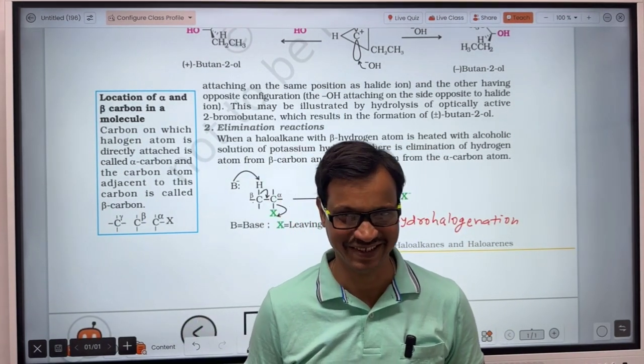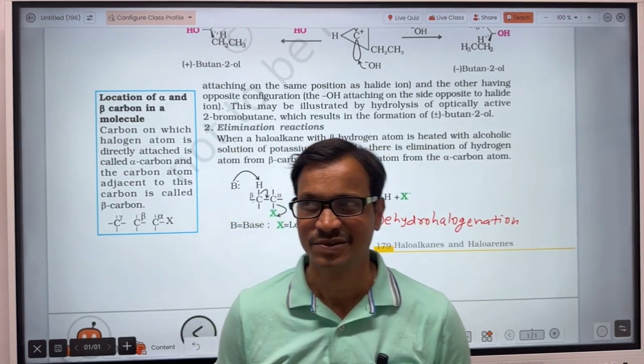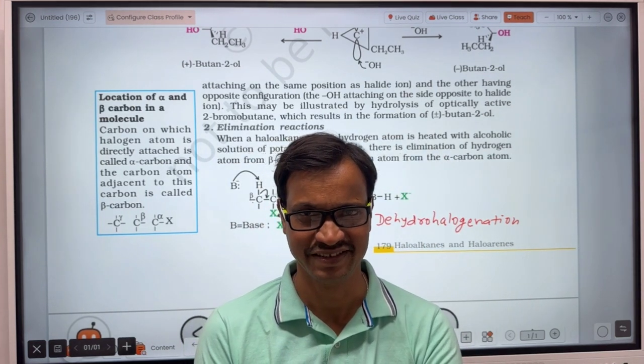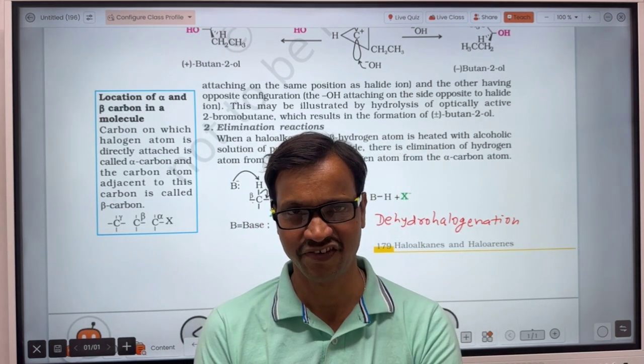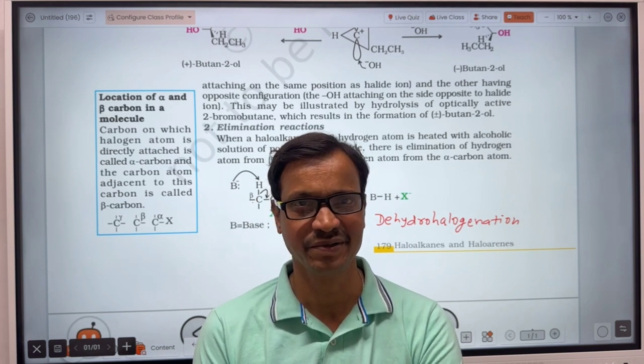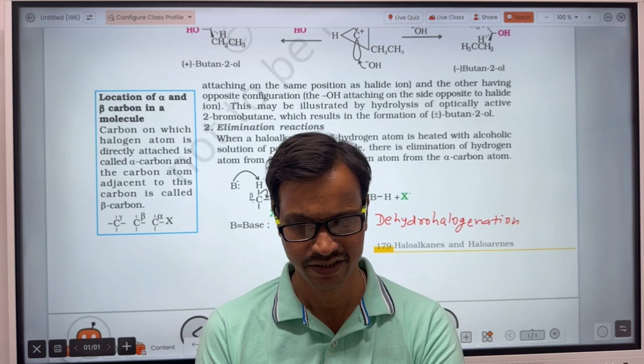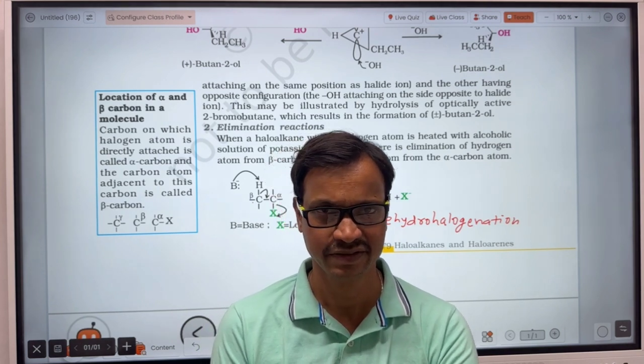What is alpha carbon, beta carbon and gamma carbon? The carbon atom to which the functional group is bonded is called the alpha carbon.